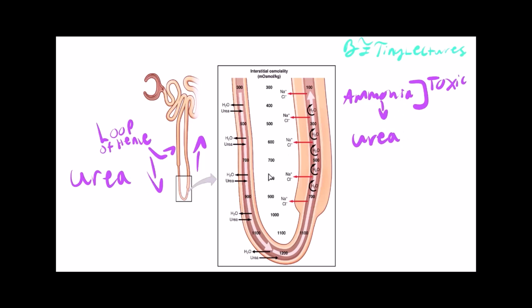Now urea is going to be building up in the interstitial space, and because there's a high concentration of urea, water likes the high concentration, and it's going to go out into the interstitial space, and eventually it will go into the bloodstream. So the water will go into the blood, increase the blood pressure, increase the blood volume.